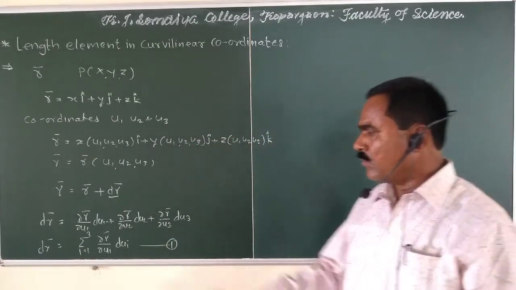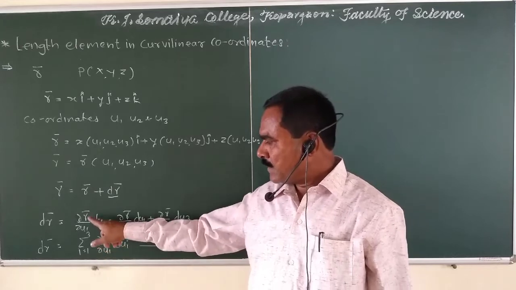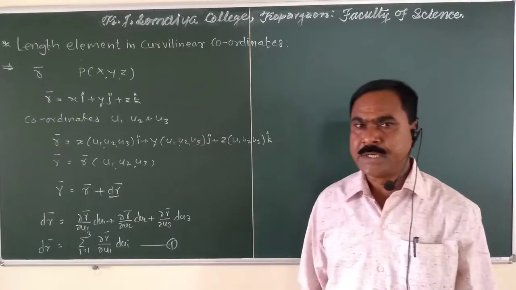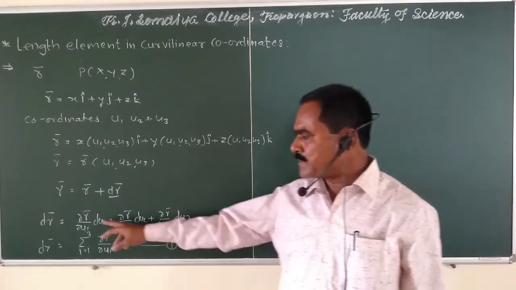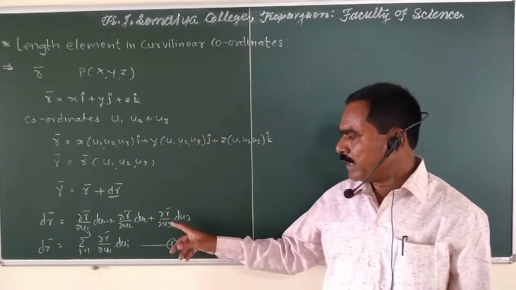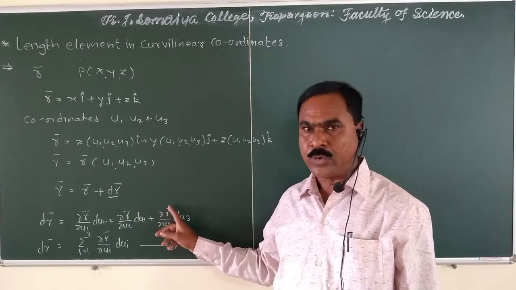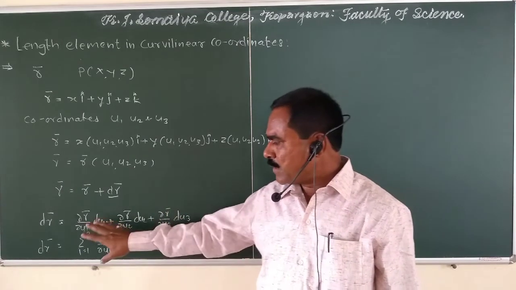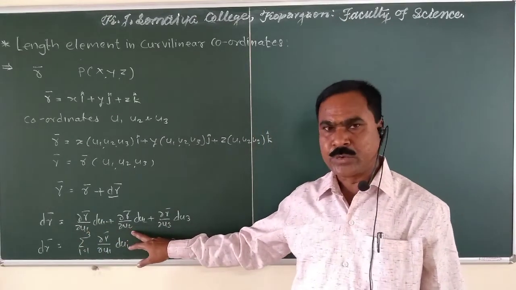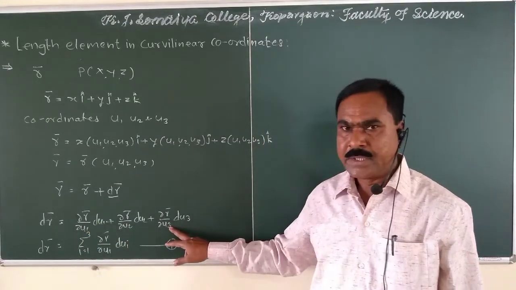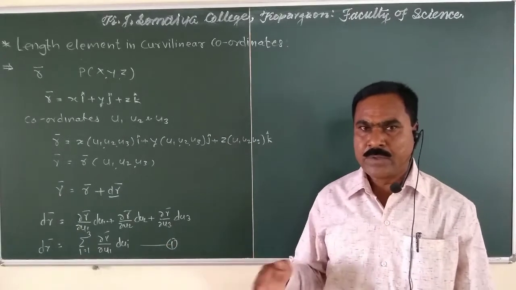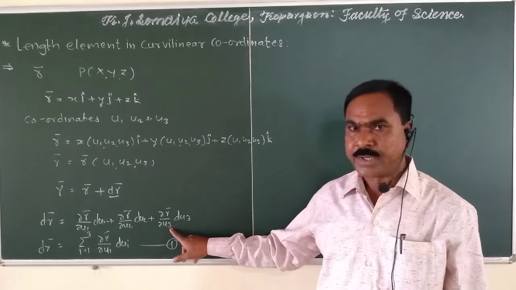Now in this case, del r bar by del u1 is a partial derivative. This partial derivative can be obtained when the point P is moved along the u1 curve. That means the partial derivatives of r bar with respect to u1, u2 and u3 can be obtained by moving point P along the u1 curve, u2 curve and u3 curve.